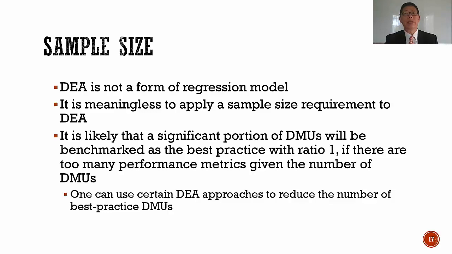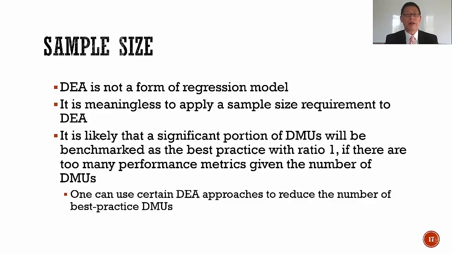I think some people have heard of the rules of thumb, right? The total number of DMUs had to be 2 times or 3 times the total number of inputs and outputs. You can try that rule, but again, this is an empirical rule, right? There's no proof of that. So if you're doing a benchmarking study, I think it's fine if that rule is not satisfied.